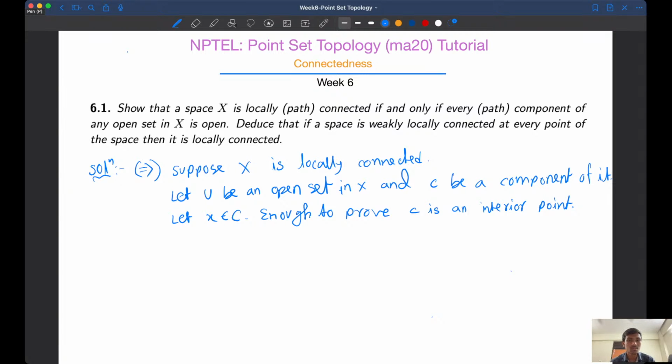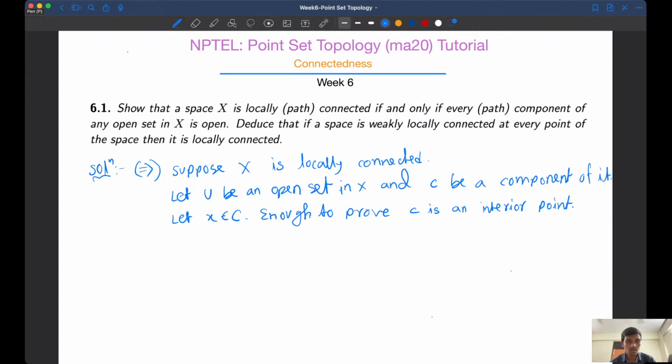Sure. So the thing is here, x belongs to C and U is open. So in particular, as C is a subset of U, U is also a neighborhood of x. For that you use the local connectivity. Yeah, true.